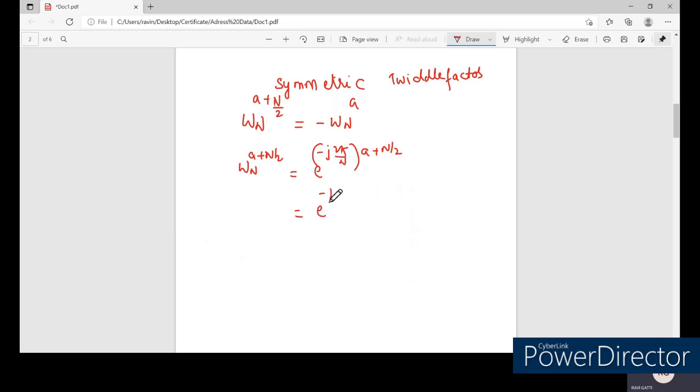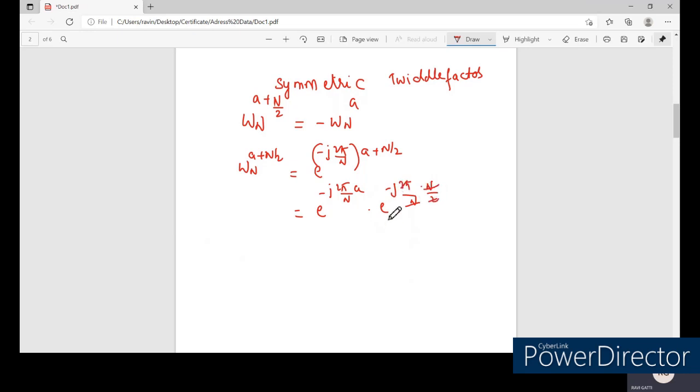I can do that. So that is nothing but e power minus j 2π by n into a, into e power minus j 2π by n into n by 2. Now you can see here, in the numerator you have an n and in the denominator you also have an n, and here also you have a 2 and here also you have a 2.